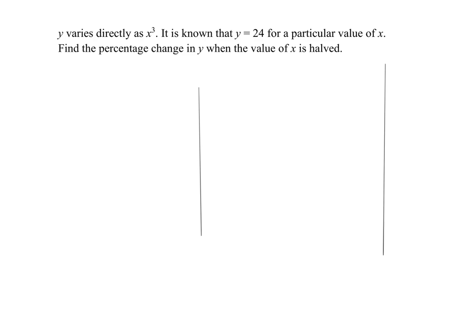Instead, they only give one, and they expect us to find the percentage change in one quantity when the other quantity, in this case x, is halved. So this requires a rethink of how we can approach this particular question.